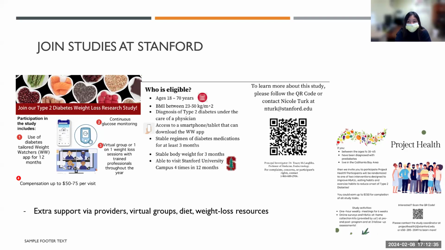They can also offer virtual group classes and one-on-one weight loss sessions. It's just a way, if you feel that you need a little extra support in the beginning or some help with adherence, this might be a good option. So this QR code right here, you can use your phone to see if you're eligible or see if you want more information about it.